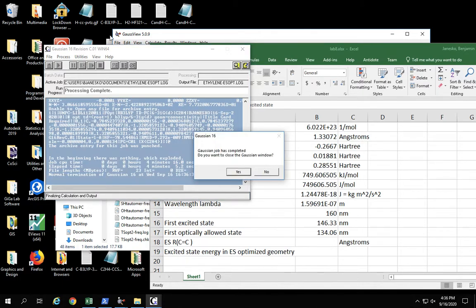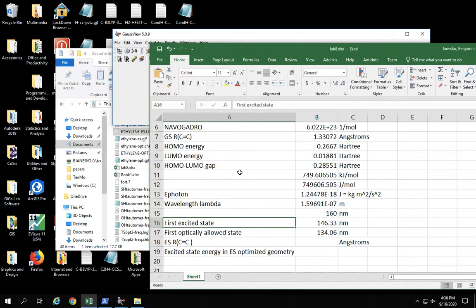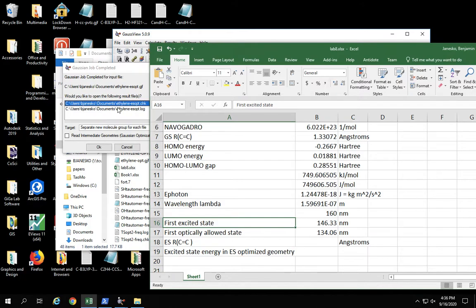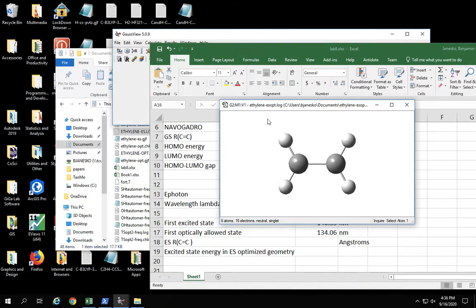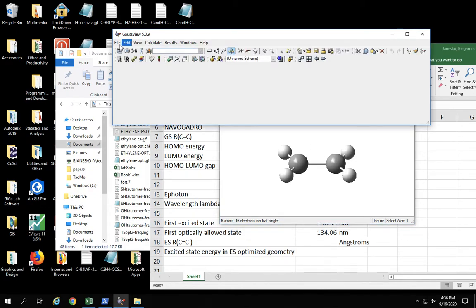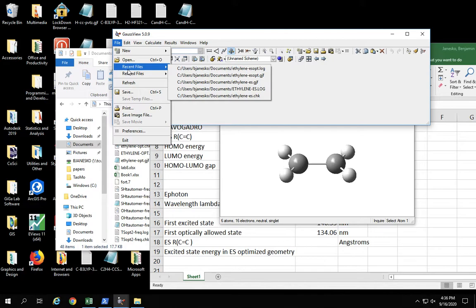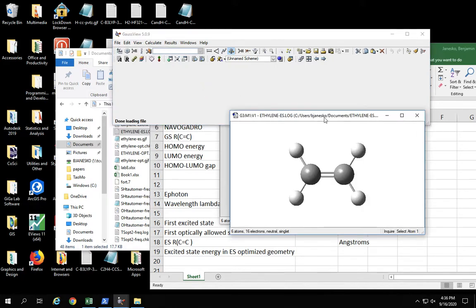Well, okay, all done. It's optimized. Let's look at the log file. Oh, and look at that. Remember, we talked about how GaussView just draws little sticks between atoms, and those little sticks don't necessarily correspond to bonds. But in this case, here's something kind of nice.